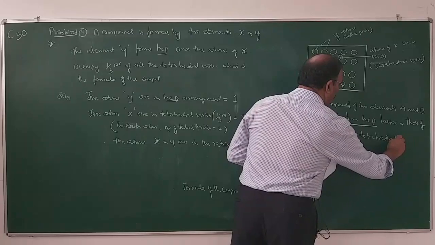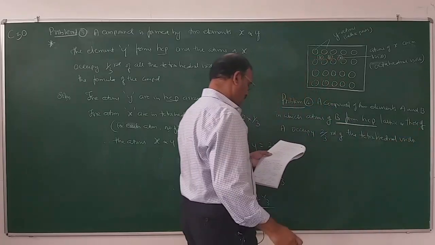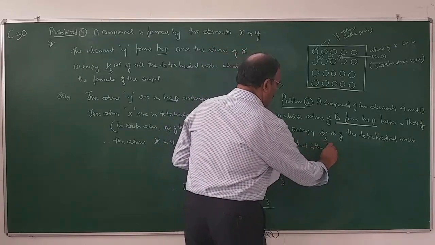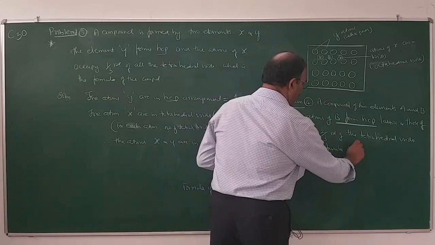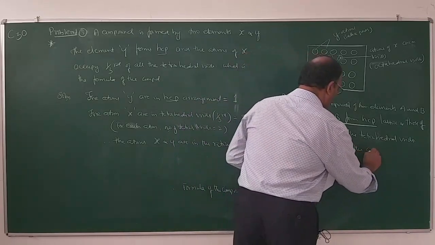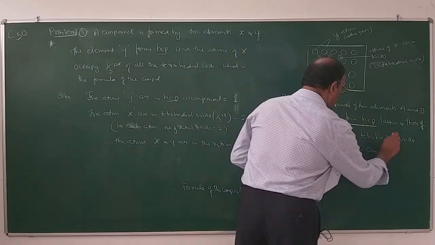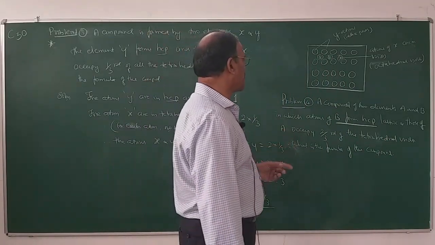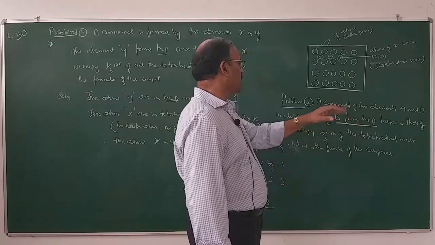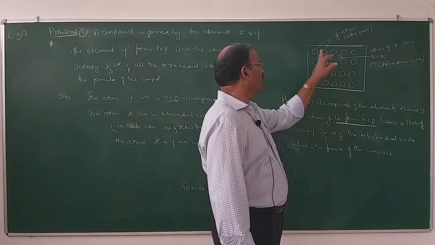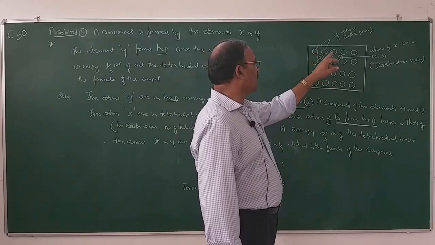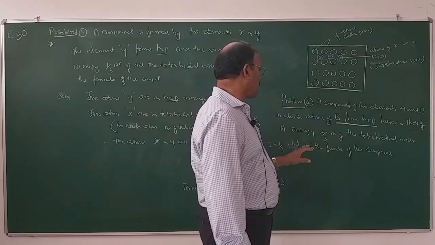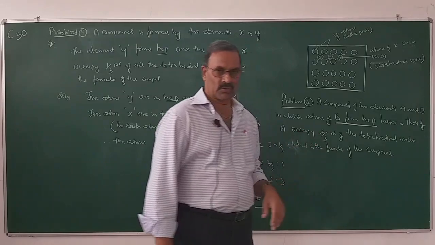What is the formula of the compound? So, this problem you have to work out and send to me. So, here there are two elements A and B. Atoms B are in HCP and atoms of A are in tetrahedral voids, out of which 2/3 of the tetrahedral voids are covered. What is the formula of the compound?